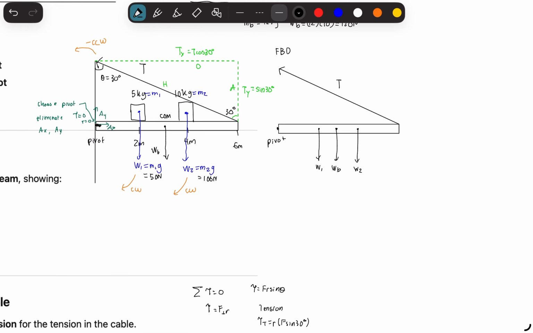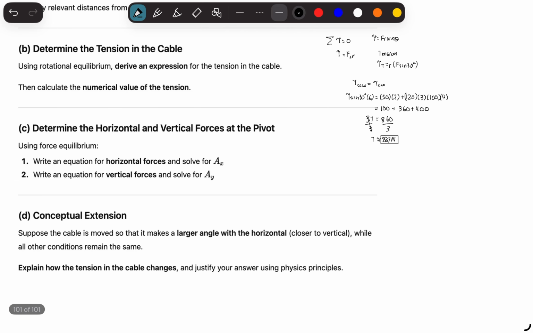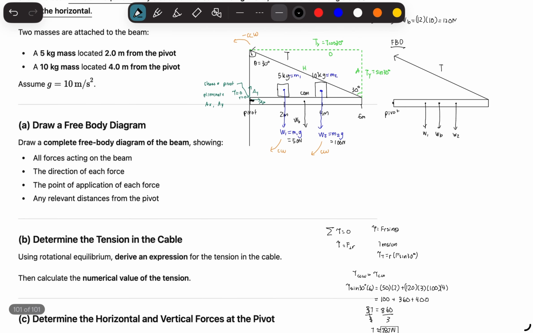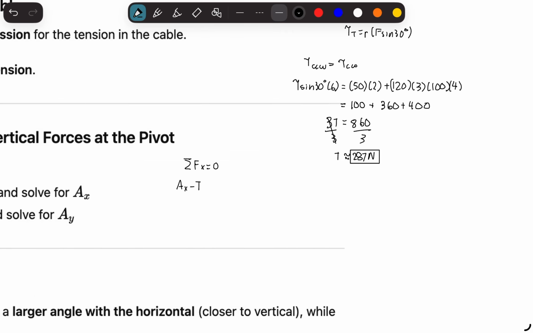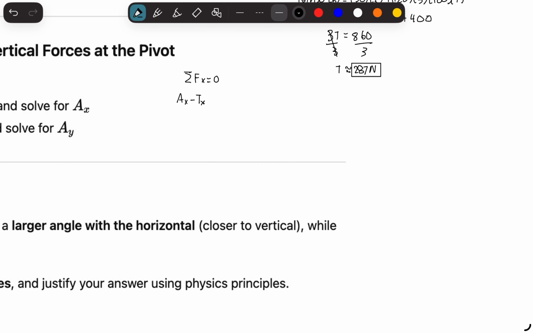That was your FBD here. Now we're asked to determine the horizontal and vertical forces at the pivot. Write an equation to solve for AX and AY. So at the pivot, you have your AX and AY. Your summation of horizontal forces is equal to 0. So you have AX minus your tension, and your cosine is going to be your horizontal tension, and that's equal to 0.